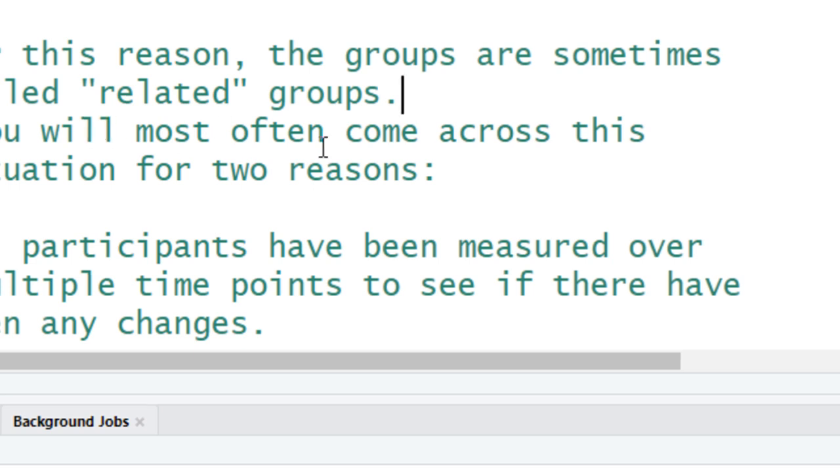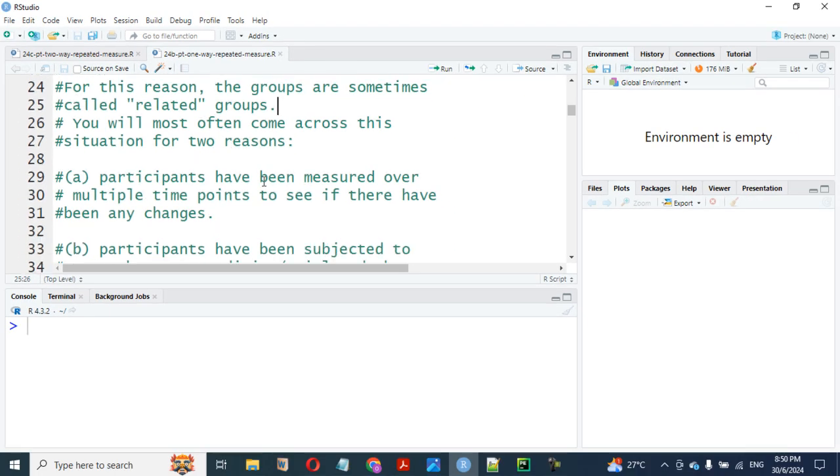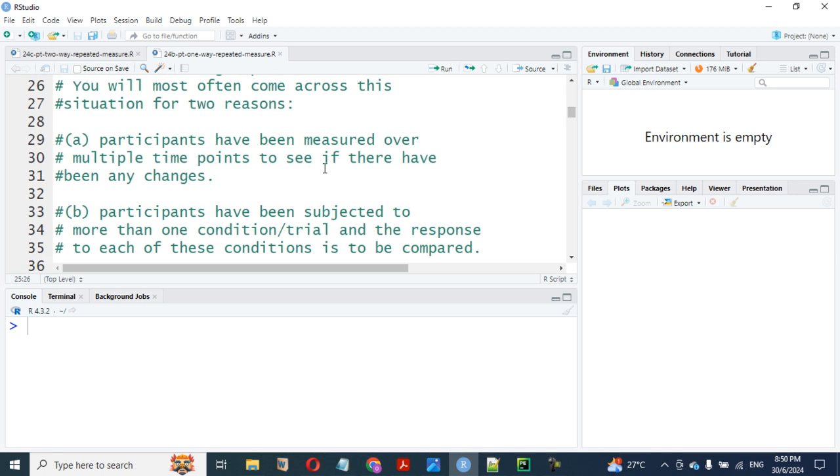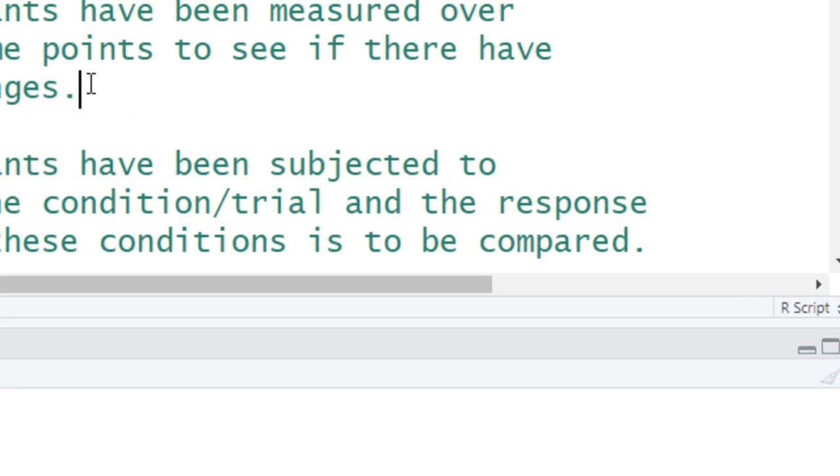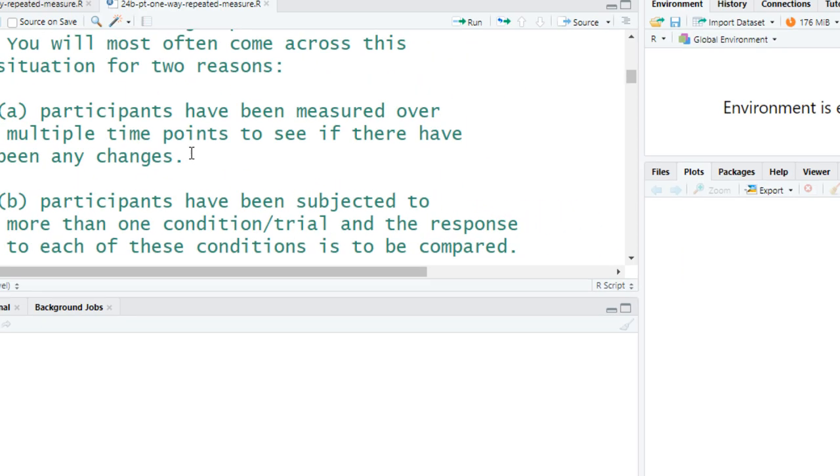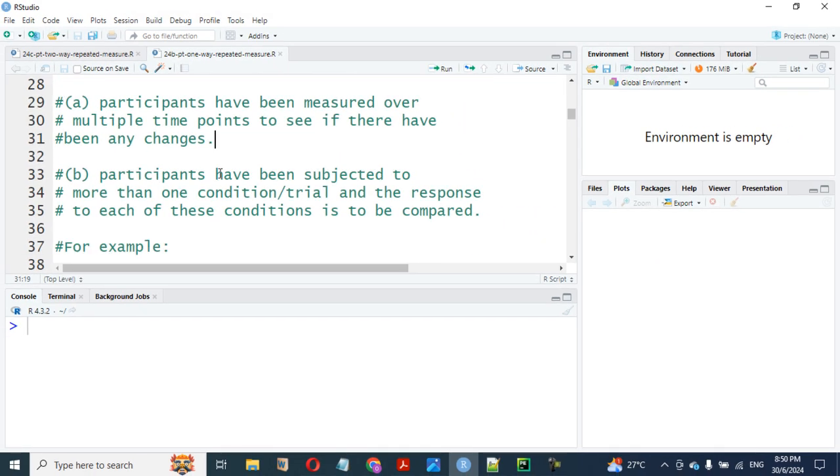So you will most often come across this situation for two reasons. One, participants have been measured over multiple time points to see if there have been any changes, maybe in their blood pressure, or in their stress level, maybe after some kind of vacation or administration of some drugs or vaccination or some supplements, whichever way.